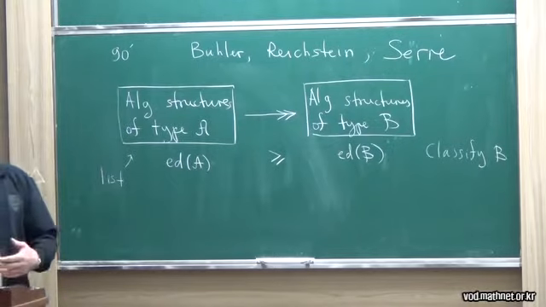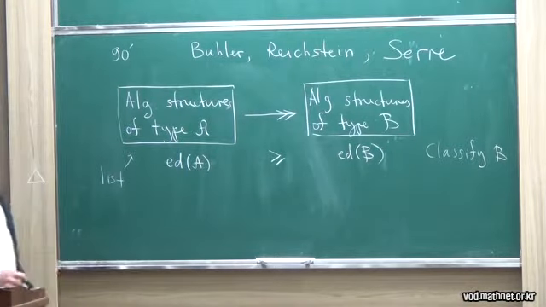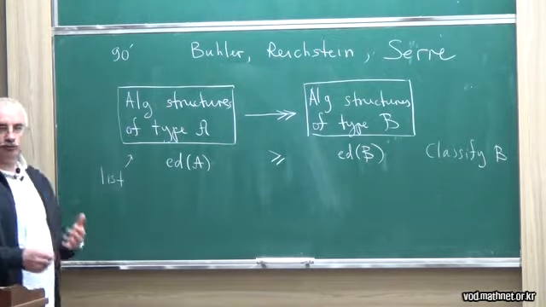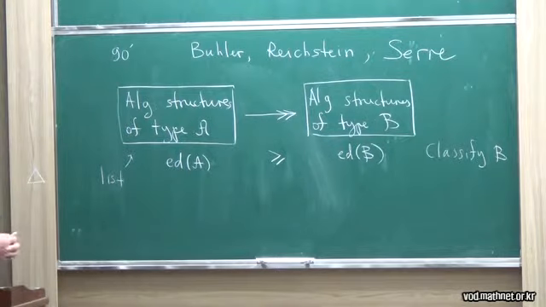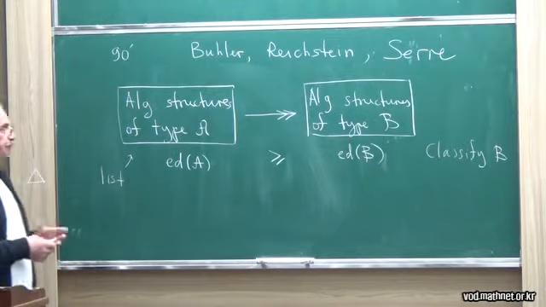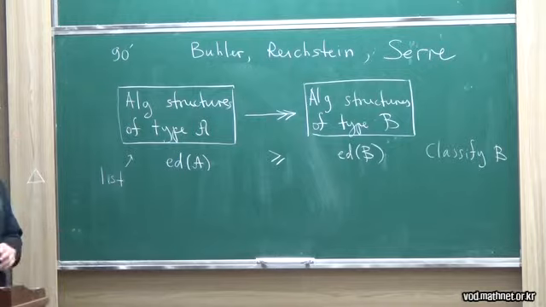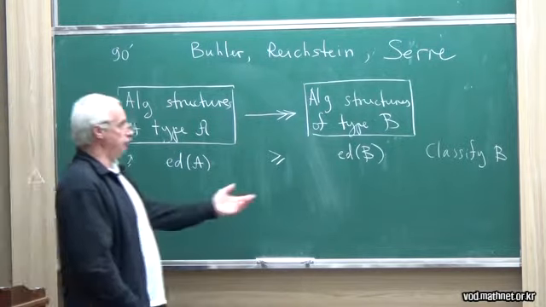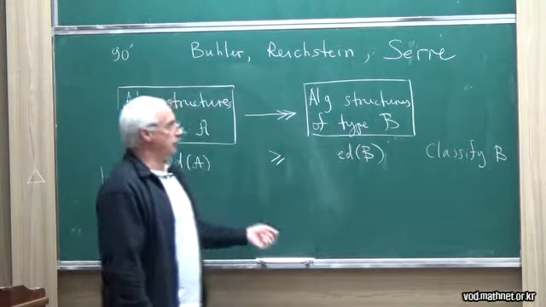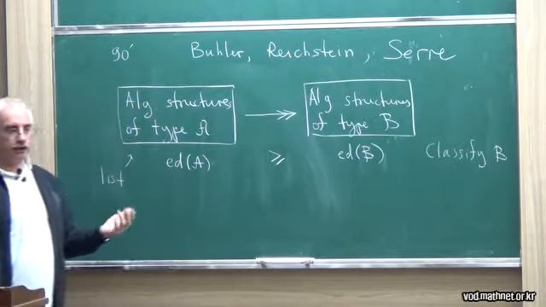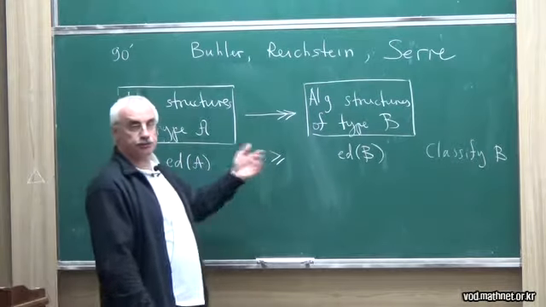Well, you know, typically classification problems are very difficult, and before starting the classification, you can actually estimate the complexity by computing those numbers. You compute the essential dimension of B, you compute the essential dimension of A, and you check whether this inequality holds.